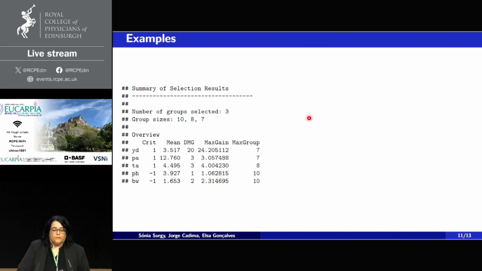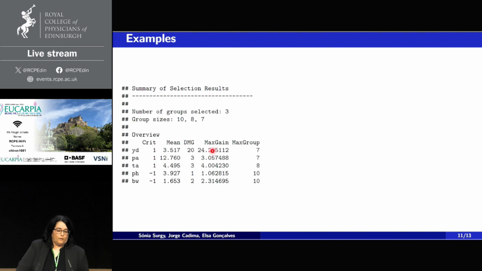So this is the summary of the polyclonal function. It allows us to know immediately that only 3 groups were obtained and the sizes of those groups, and the initial conditions and the maximum gain possible to achieve in each trait and the dimension of the group in which that gain was achieved.